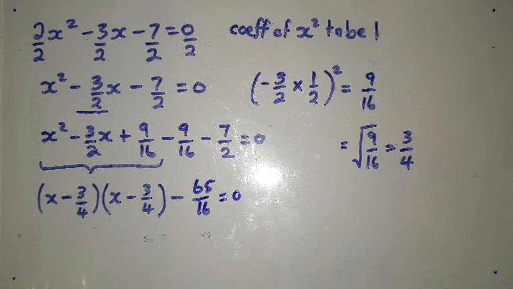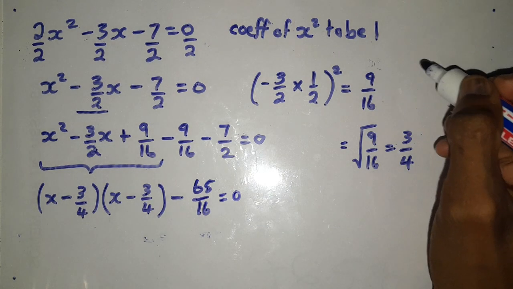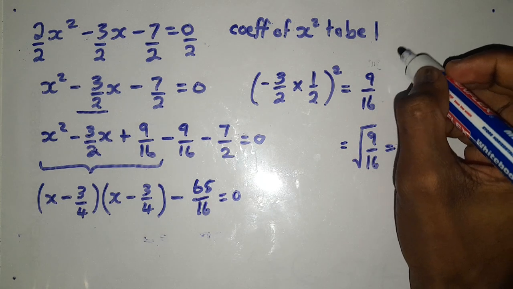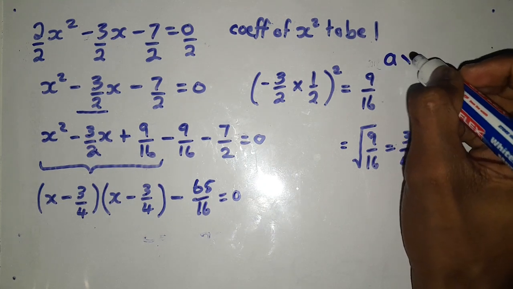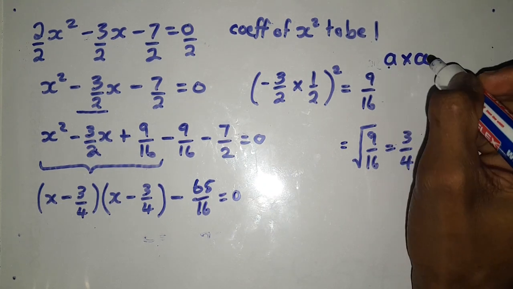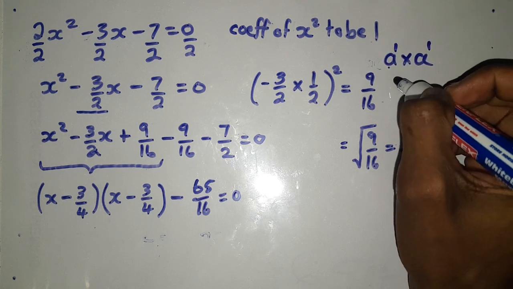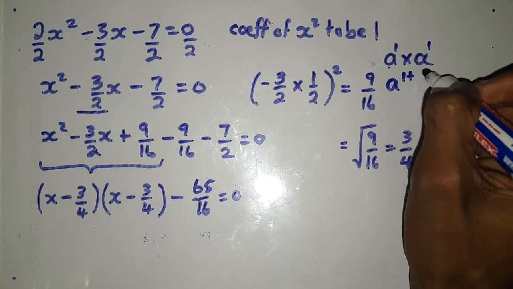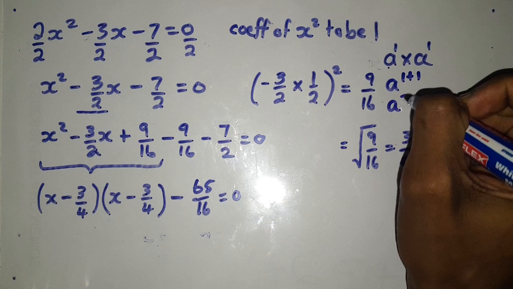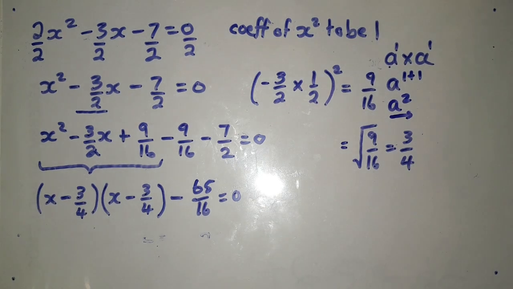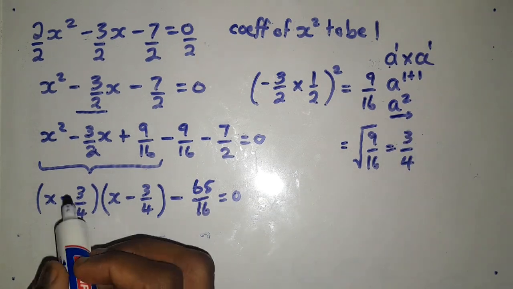See? Then now, do you still remember from the exponents that if we have a multiplied by a, for the same base, what do we do with our exponent? We add. It's going to be 1 plus 1, which is going to be x squared. Same applies. Let us apply this principle to this one.